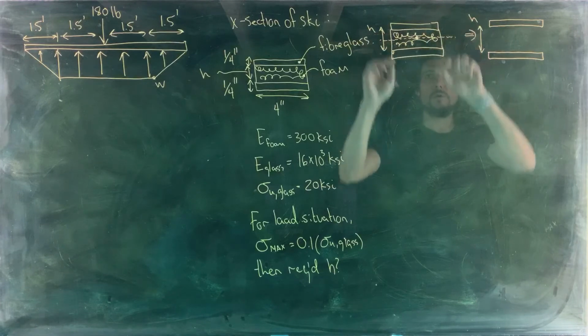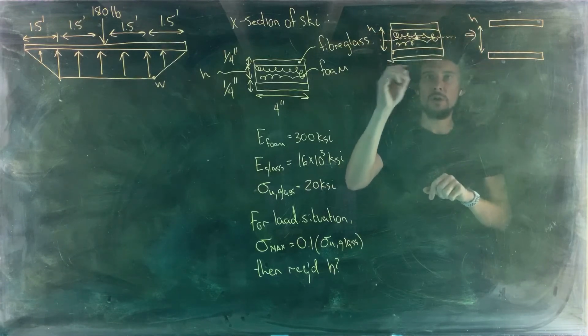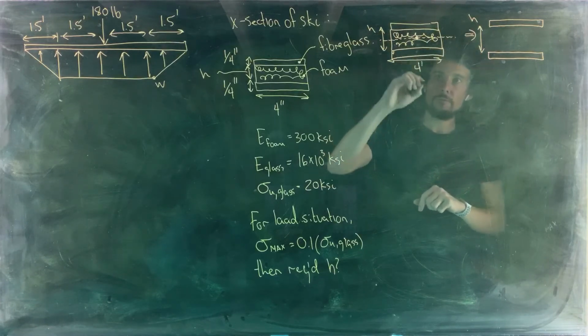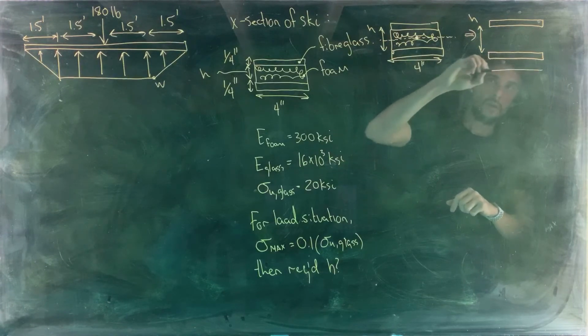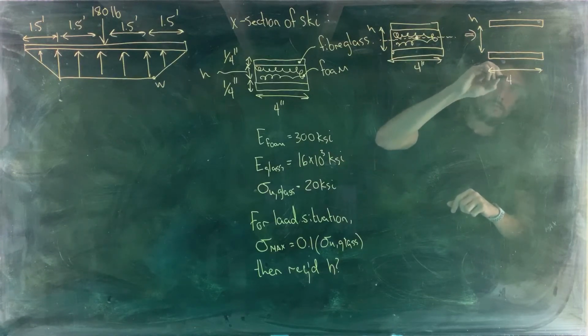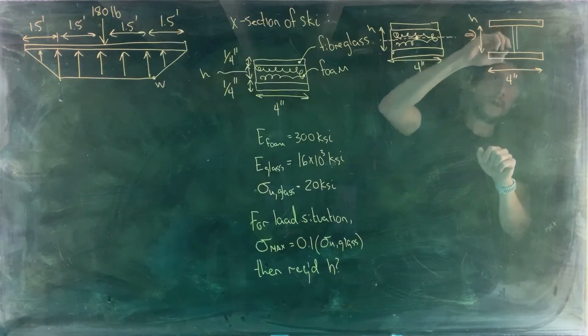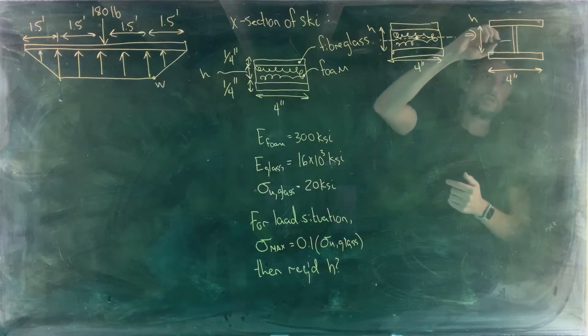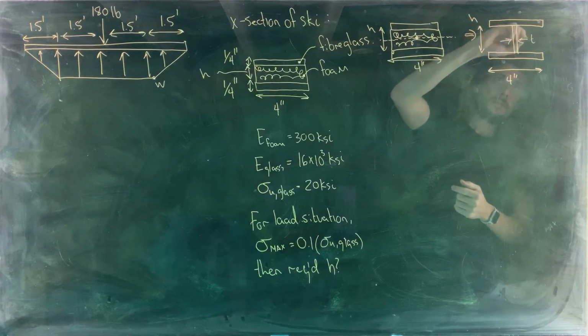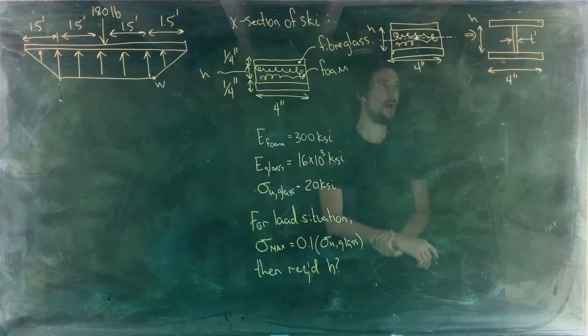What we are going to do is say that if we transform the foam into fiberglass, instead of having this piece of foam that took up the full 4-inch width, we could get away with a piece of fiberglass that was much thinner, some thickness T prime.